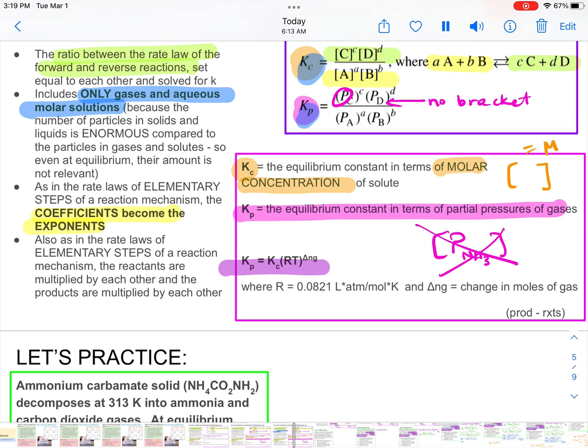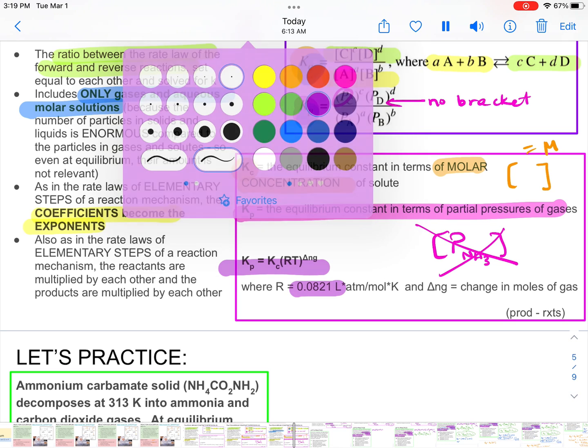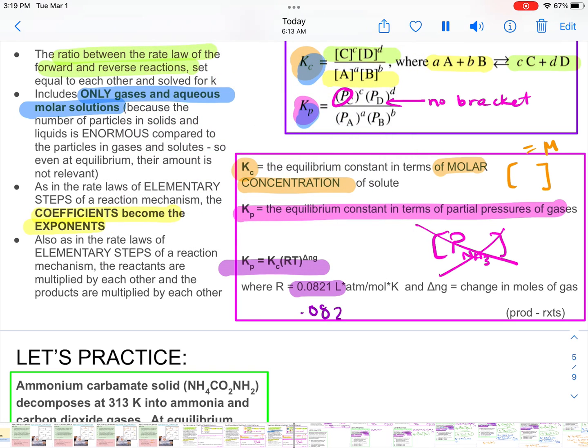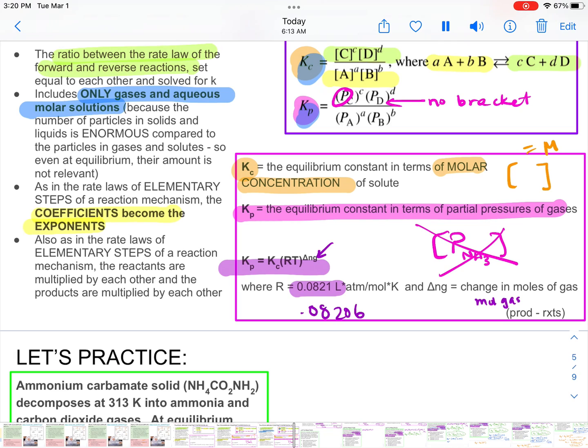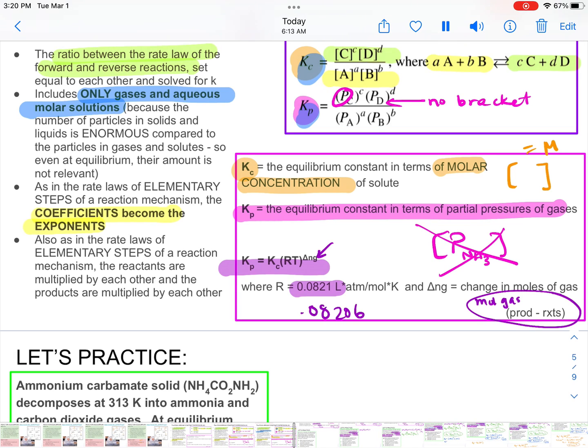Note that R is truly the ideal gas law constant R, 0.0821, or 0.08206 if you need more significant figures. And the change in moles of gas is the delta Ng. This would be the moles of gas only in the products minus the moles of gas in the reactants. And we'll do a problem in a second that shows you this.